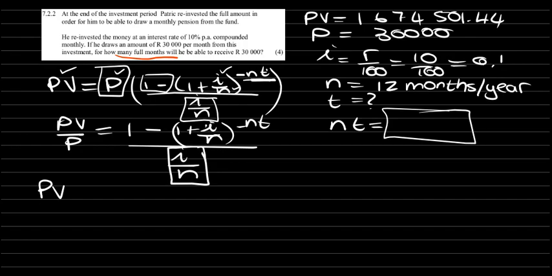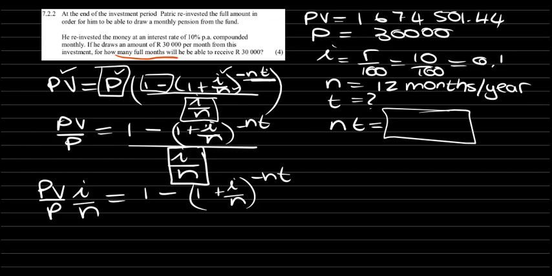So what we have is PV over P times I over N, and that gives us 1 minus (1 plus I over N) all to the power of minus NT. We are getting closer to the NT.